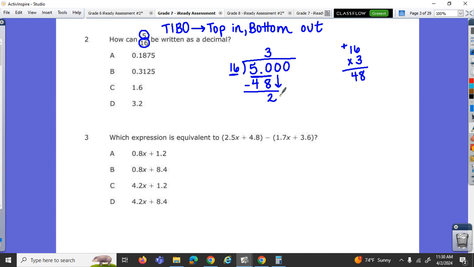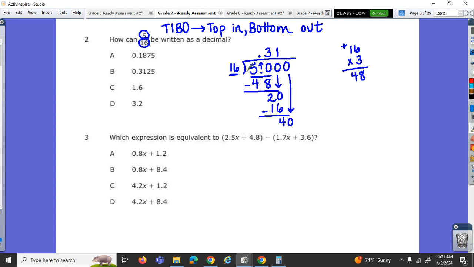Bring down our 0. And 16 goes into 20 one time. Let me bring up my decimal before I forget here. So 20 take away 16 would be 4. Bring down our 0.